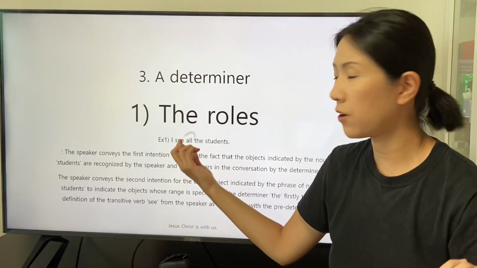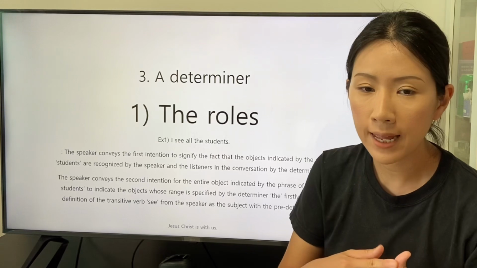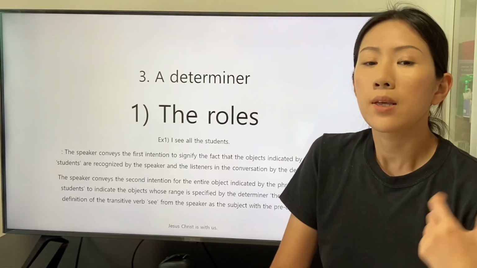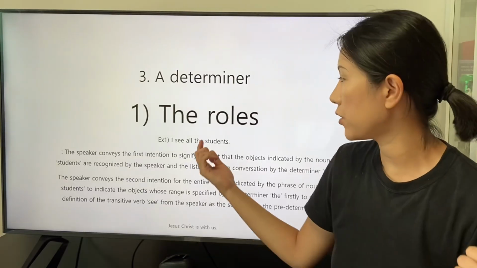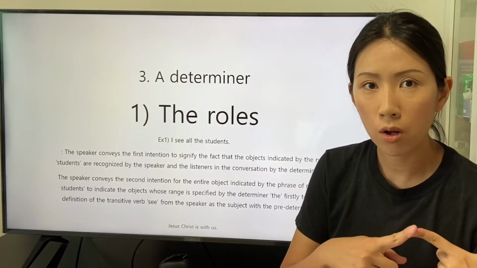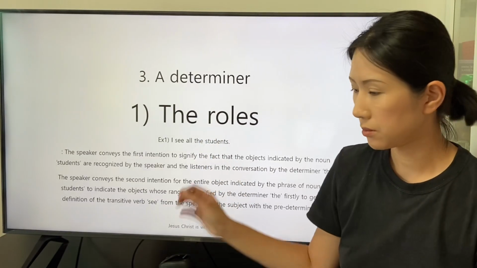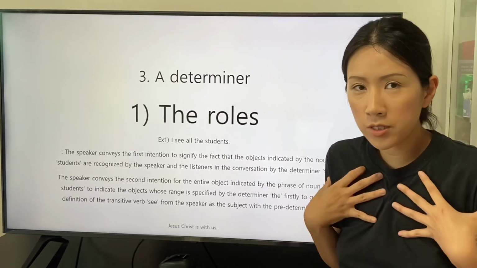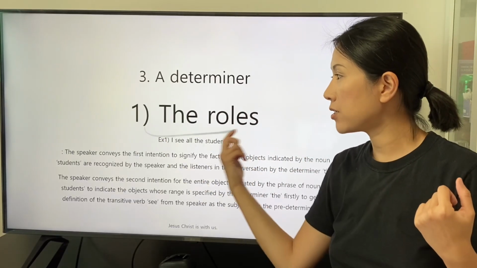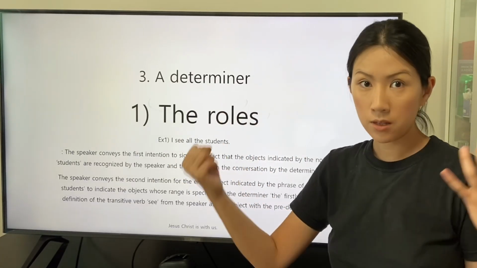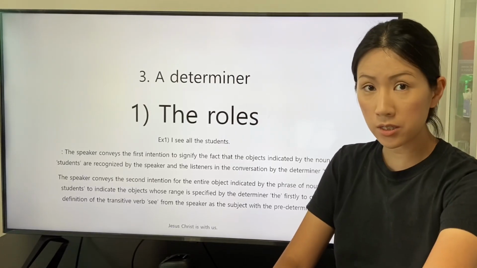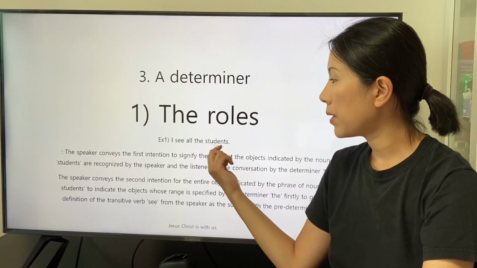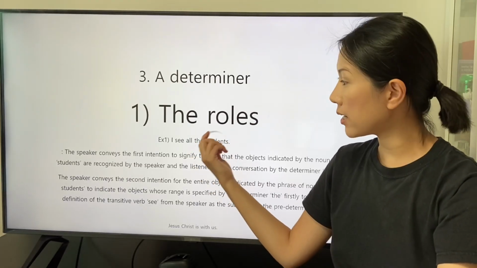From the application of the predeterminer all, the speaker can indicate every object included in the range of the object indicated by the phrase of the general noun the student, whose indicative range is already determined from the application of the determiner the.